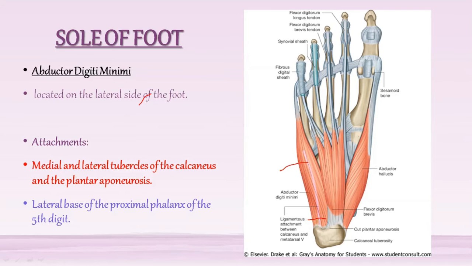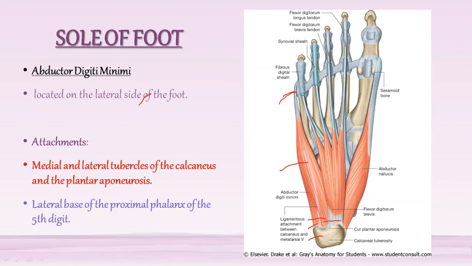This is calcaneus. This part arises from the medial tubercle, and this part arises from the lateral tubercle of the calcaneus as well as from the plantar aponeurosis. And this muscle is inserted on the base of the proximal phalanx of the fifth digit.